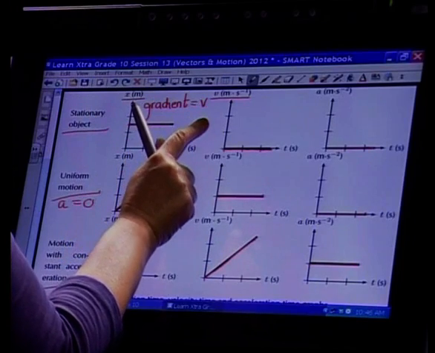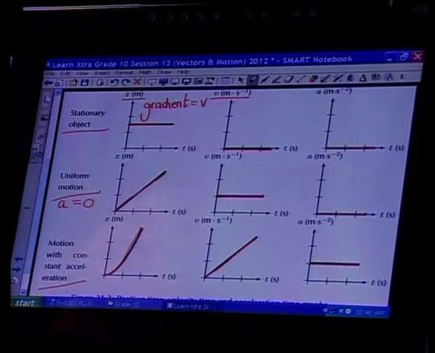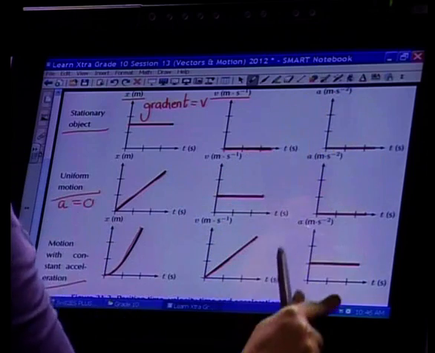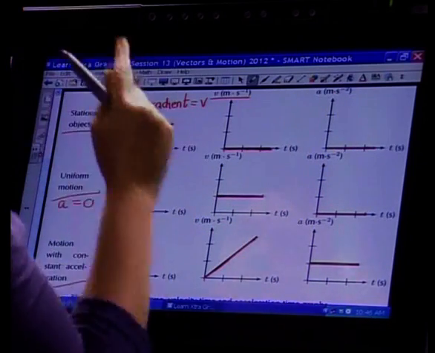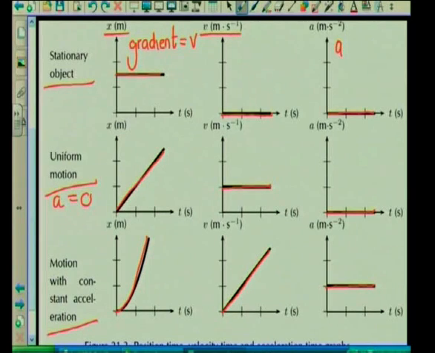The gradient of a displacement or position time graph gives me the velocity. We'll talk about gradients again in a second. For acceleration, okay, if I look at the area under the graph, now these two don't have an area, but this area here, that gives me velocity as well.